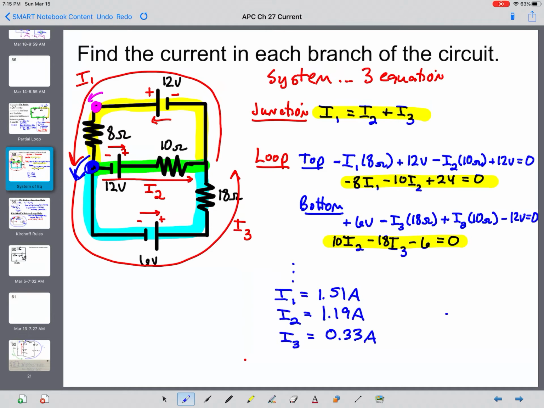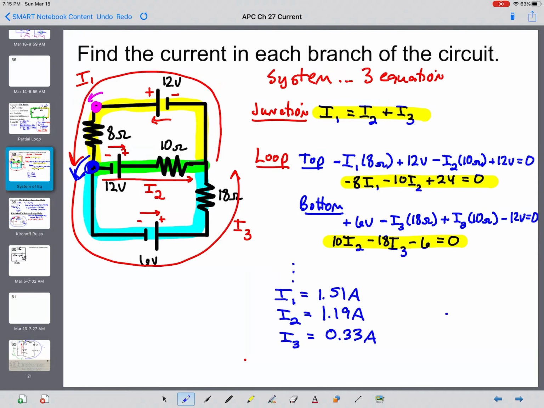Had we drawn one of our arrows for I1, I2, or I3 in the opposite direction, then we would have gotten a negative number for one of these. We did not, so all of the currents are flowing in the directions that we specified on the diagram.